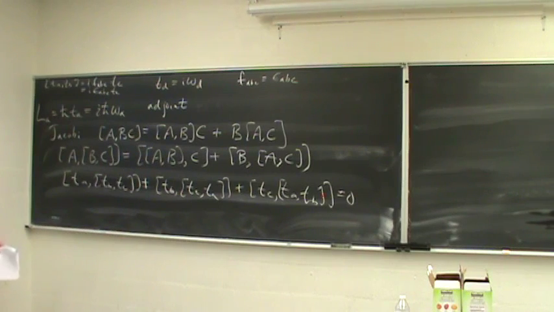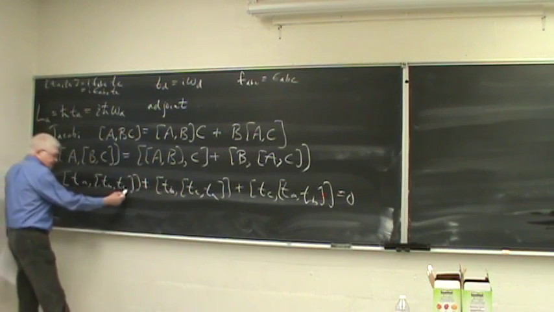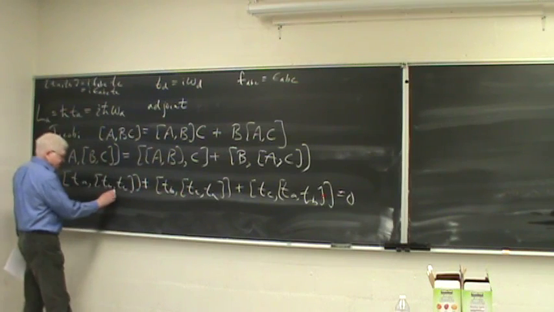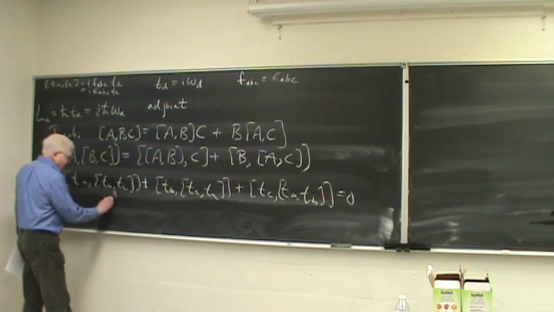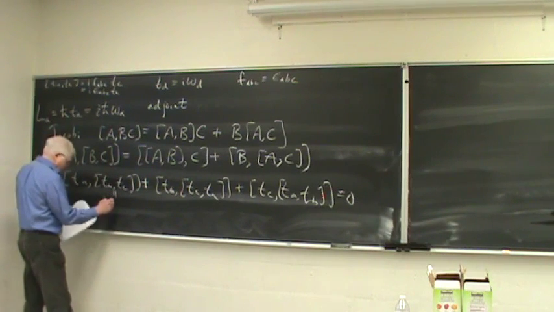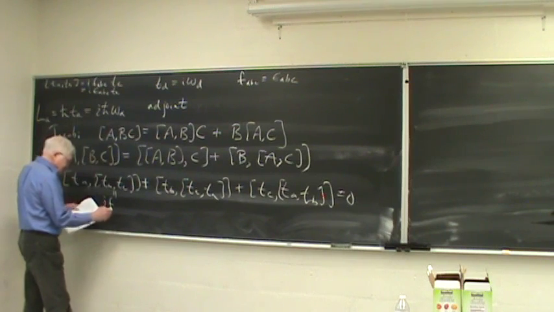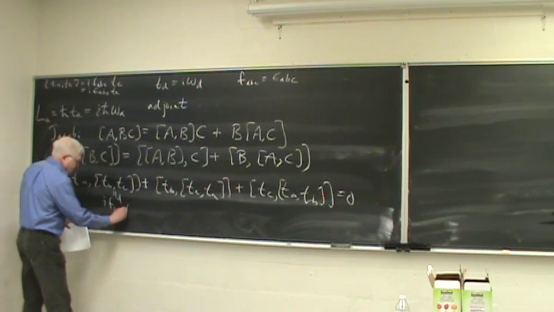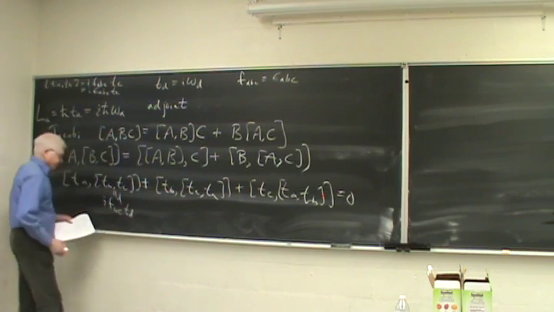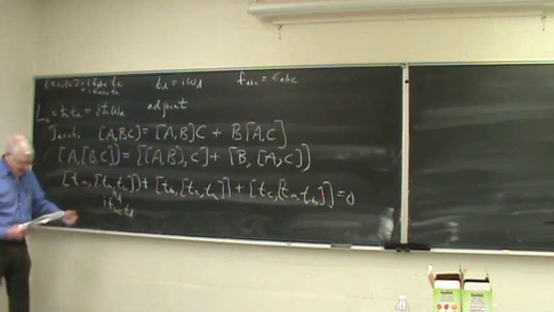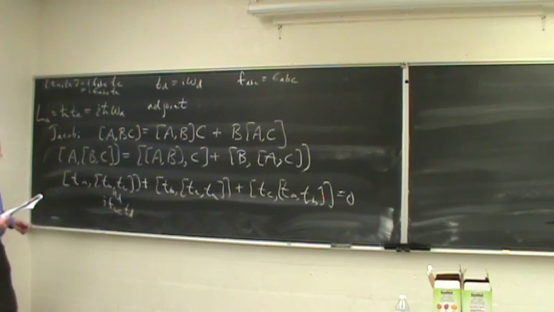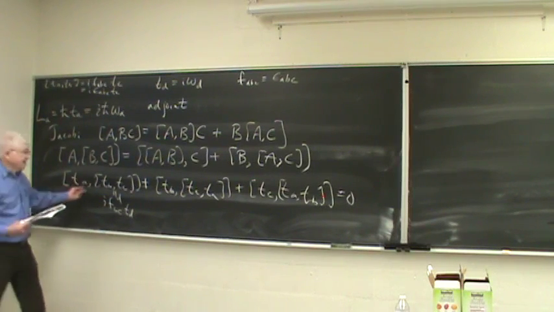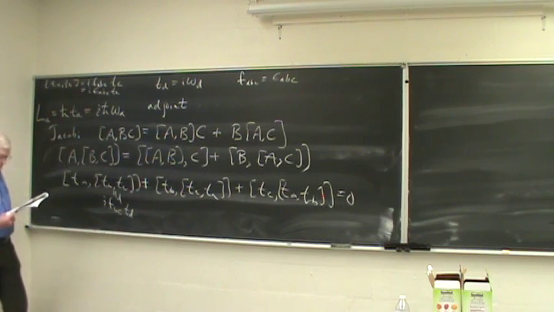If we now write this in terms of structure constants, in other words, this thing is i f_BCD T_D, and you do that throughout, and then you do it for each term here.